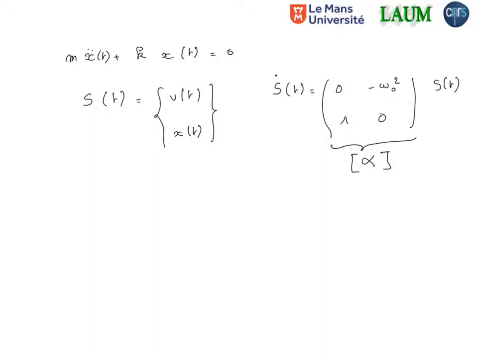This has been done in another video, so I don't spend too much time on that. What we want to solve is this problem: s dot of t equal to this state transition matrix alpha, which is known, times s of t. In parallel we have the initial condition that s of 0 is equal to (v0, x0), which is known because this is the initial condition.